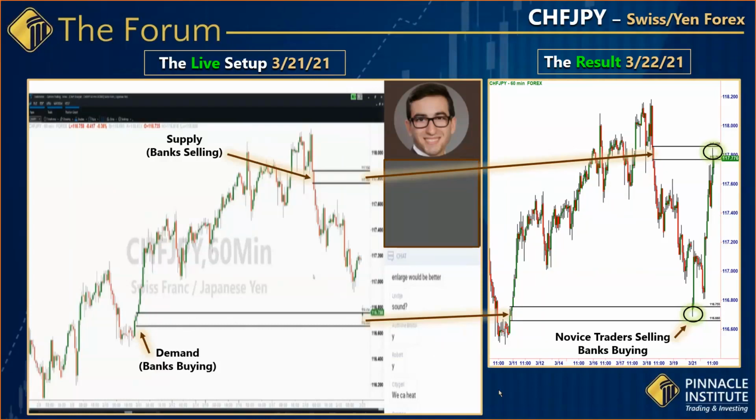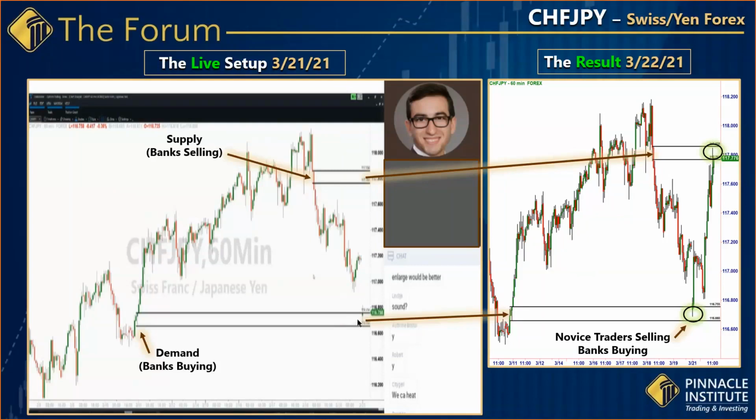Make sense? All right. Now again, it's always important to think of who is on the other side of your trade or transaction. Remember, if one of our members or anyone, me, takes this opportunity to buy down here at demand when the risk is low, reward is high, and probability is high, think about who you're buying from.